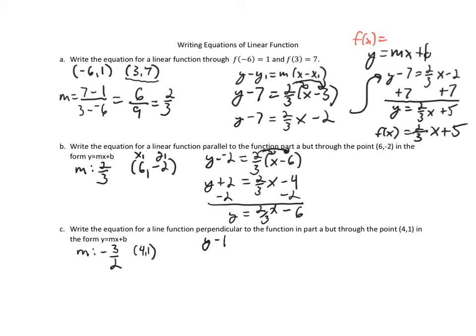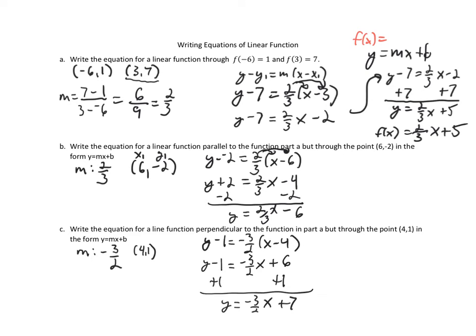So y minus 1 equals negative 3 over 2, x minus 4. y minus 1 would equal, if we distribute that in, negative 3 over 2 x plus 6. And adding 1 over, y equals negative 3 over 2 x plus 7.